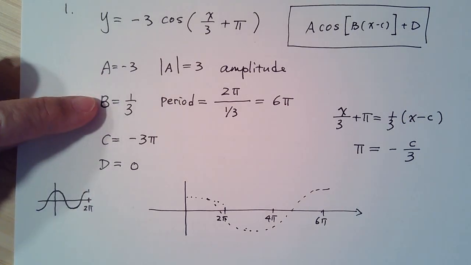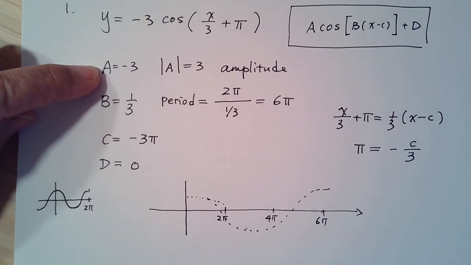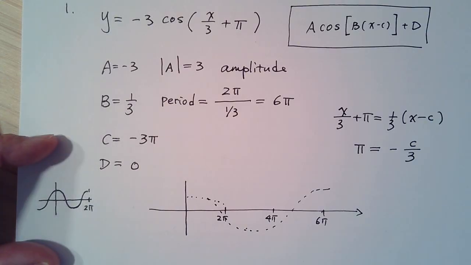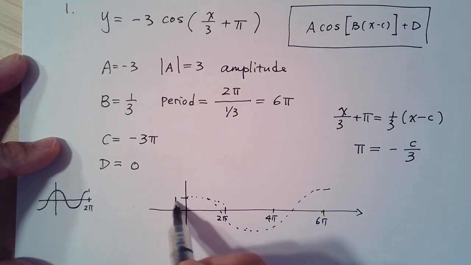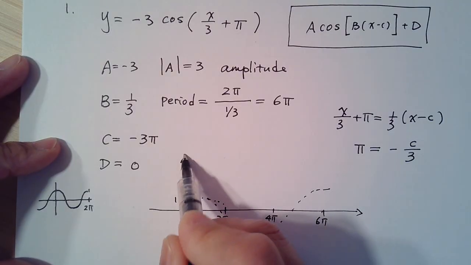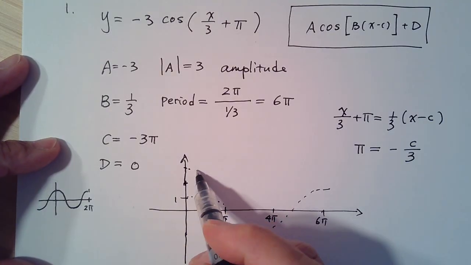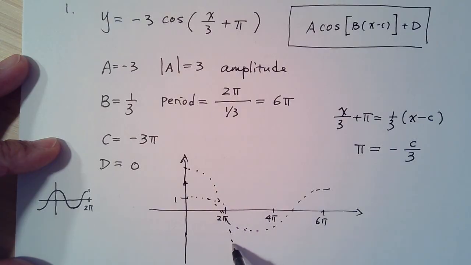That's how I work with this. And what about this A? A is the amplitude. So I have to enlarge that. I stretch that vertically. This is 1. So I need to stretch vertically by a factor of 3. So 2, 3. So then I have this. Isn't it? So from 1 to 3.